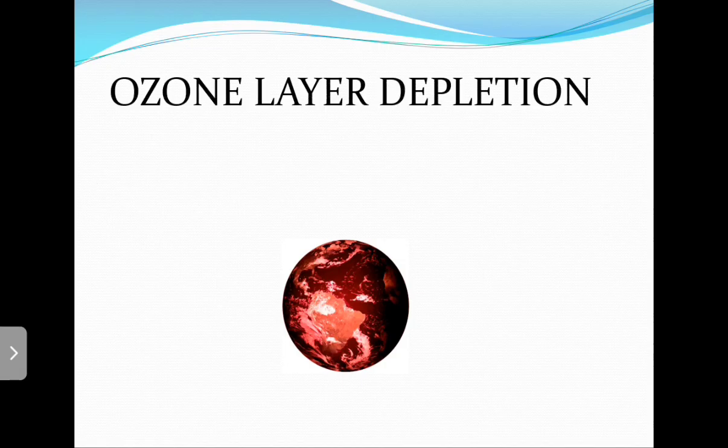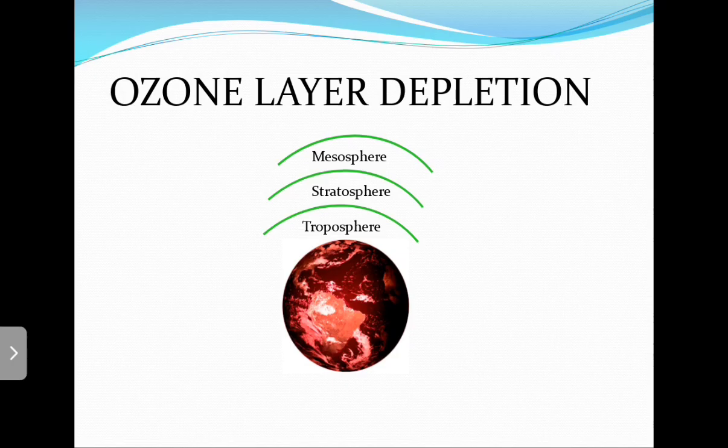But today, from this, we'll discuss only ozone layer depletion. This topic will be covered here. So you see, above Earth there are many spheres, many sections like the troposphere, stratosphere, mesosphere, thermosphere, exosphere.